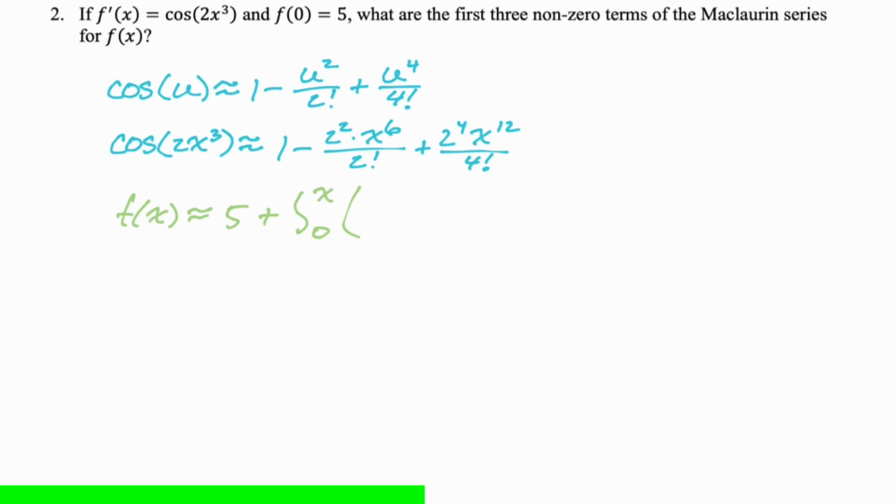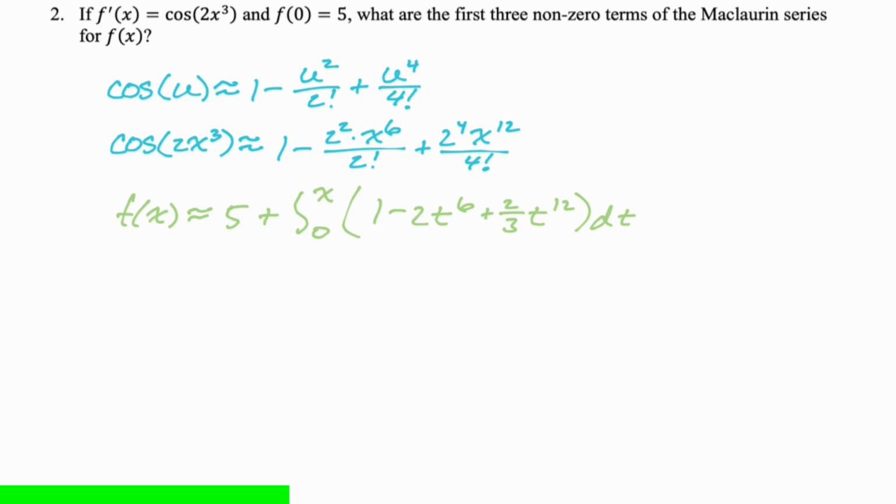So that's going to give me the quantity 1. And then 2 to the second over 2 factorial is just 2. So 1, I'll have minus 2 t to the 6th. And then 2 to the 4th is 16 over 4 factorial is 24. So that's 2/3, so plus 2/3 t to the 12th. I was going to explain how we get that 12 again, but we already know.